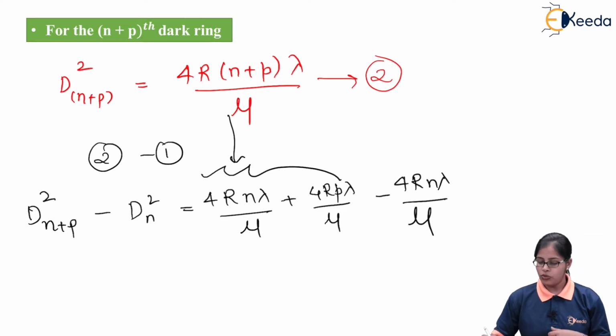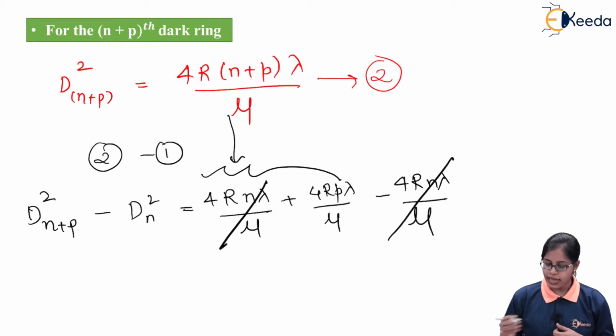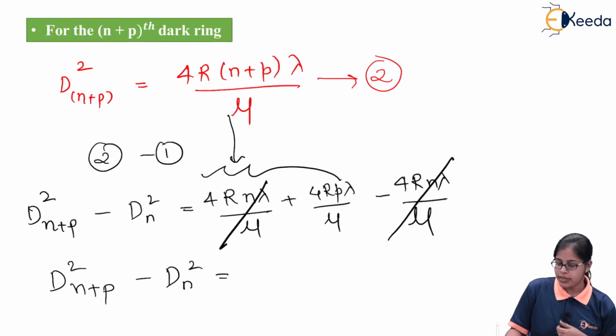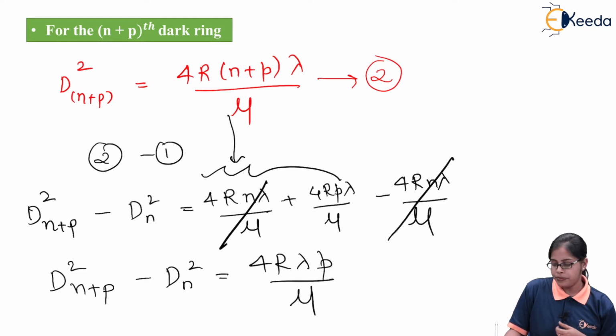So we are getting two same terms, so we can cancel them and we get d(n plus p) squared minus dn square is equal to 4r lambda p by mu.